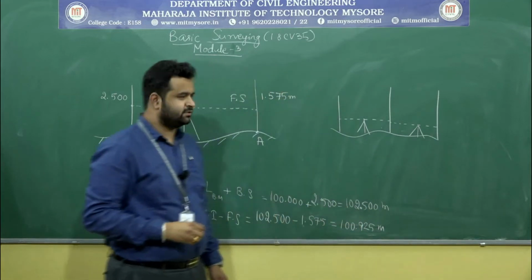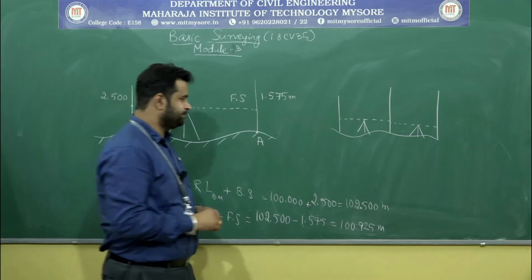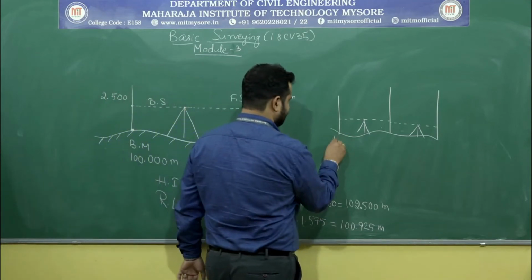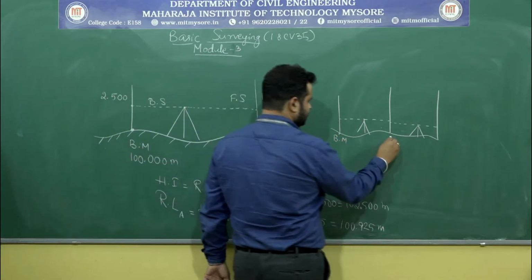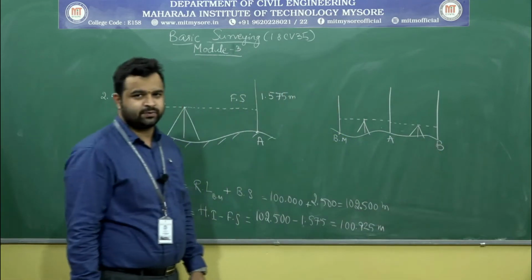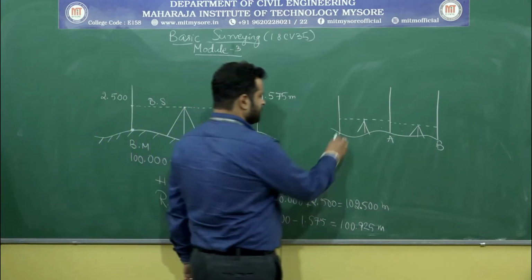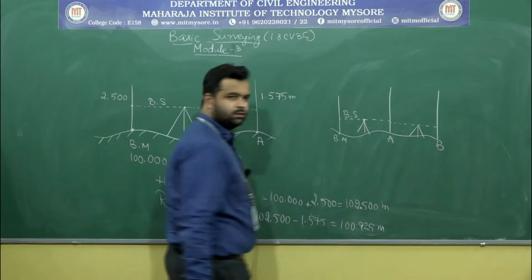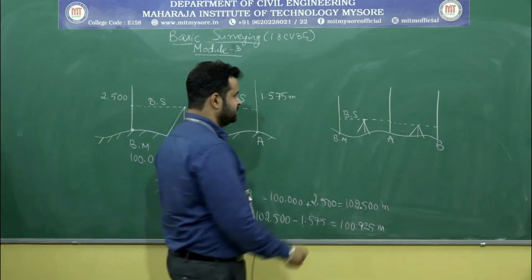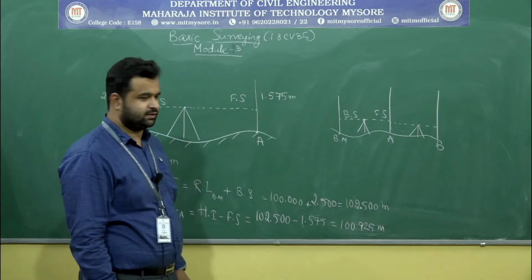Here, if you observe, the instrument is shifted to a new point. Let this be the benchmark, let this be point A and point B. You know when to shift the instrument, I have explained this earlier. Once you take a back sight, the next sight is the foresight.